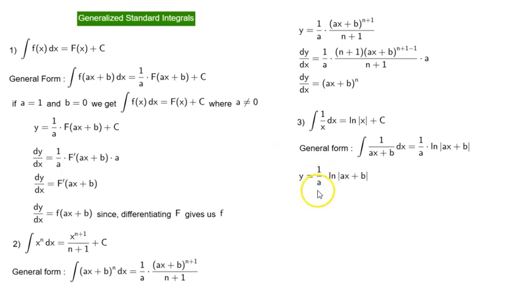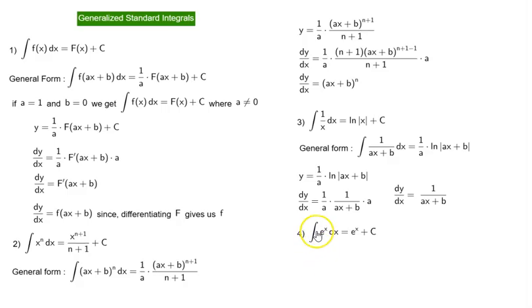Let y be equal to 1 by a times natural log of ax plus b. dy by dx is equal to 1 by a constant, times the derivative of natural log, which is 1 by ax plus b, times the derivative of ax plus b, which is a. A cancels, and we have dy by dx equal to 1 by ax plus b, which is there under the integral. Let's look at the next one.